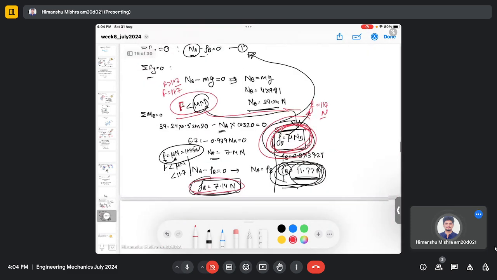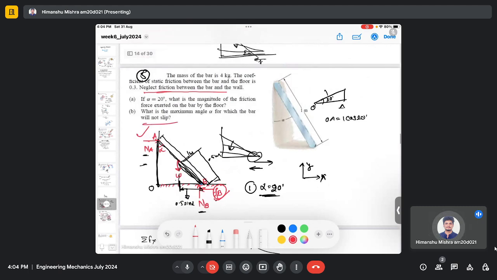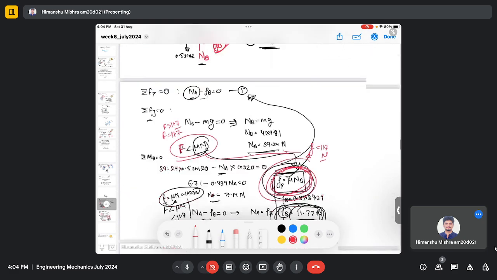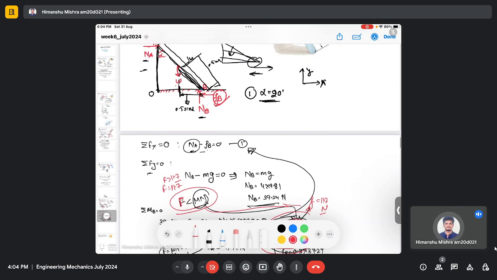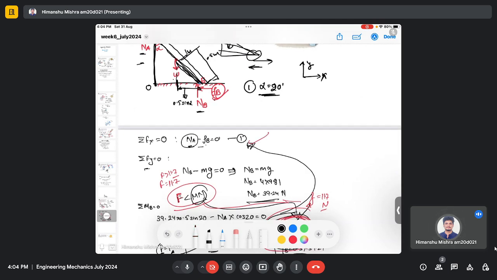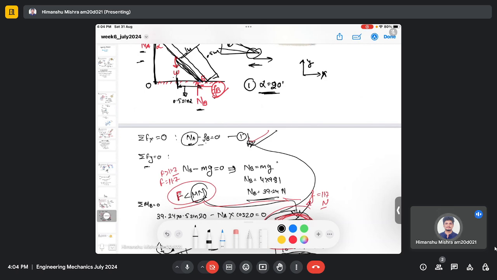So now let's find out the second part. Here we need to find the maximum angle alpha for which the bar will not slip. So again we will be using the equilibrium equation, and we will arrive at the same equations.